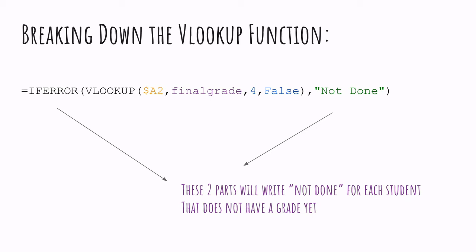The reason why this is important is the error will also appear if you've missed a comma or a parenthesis, but the words not done will appear if there's no grade for the student, which I think is an important designation. So I would really recommend that you use this format, the VLOOKUP in the middle with the IFERROR string on the outside with a not done, or you can put anything you want there within the quotation marks.